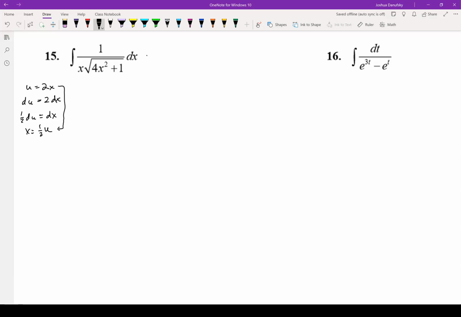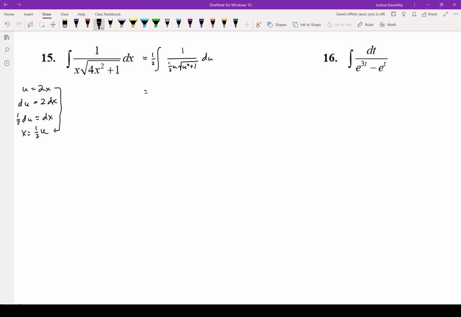And so we can rewrite our integral putting a half du like that, and then the x there is 1/2 u, and we have the square root of u squared plus 1. The 1/2s cancel, and we end up with 1 over u square root of u squared plus 1 du.